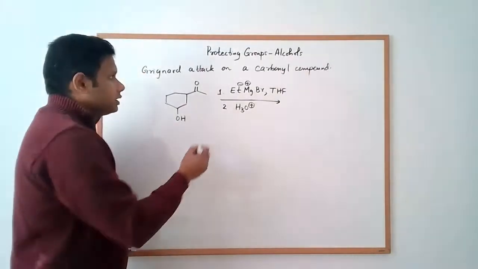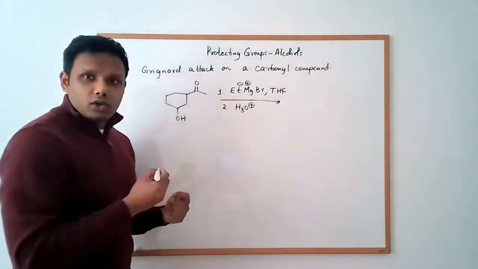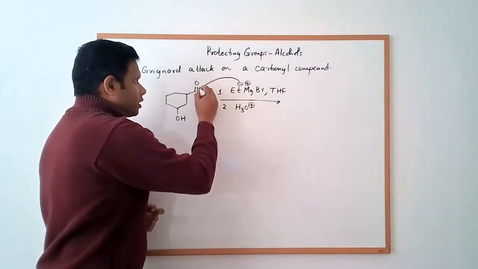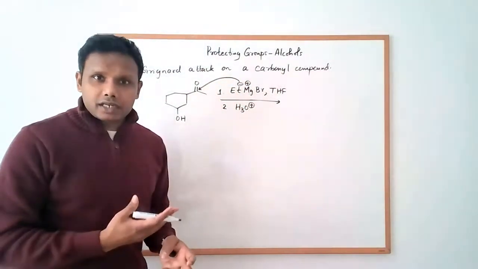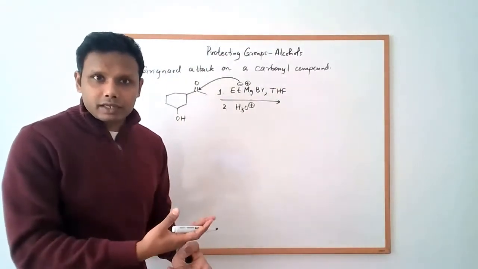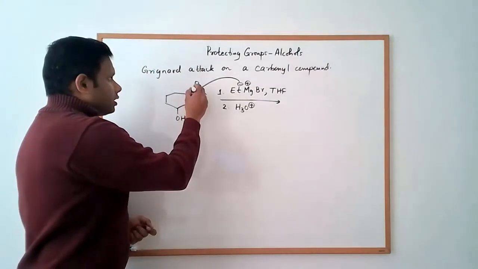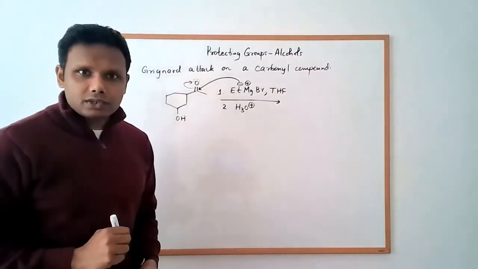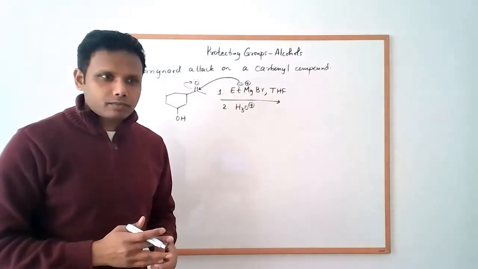One possibility is that the Grignard reagent would go and attack this carbonyl carbon, which is the desired reaction, what we want, or the reaction that we would like to happen. Okay, and then the double bond would move up to that oxygen atom. So that's the desired reaction.